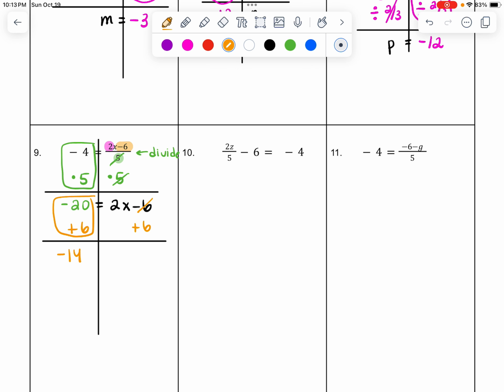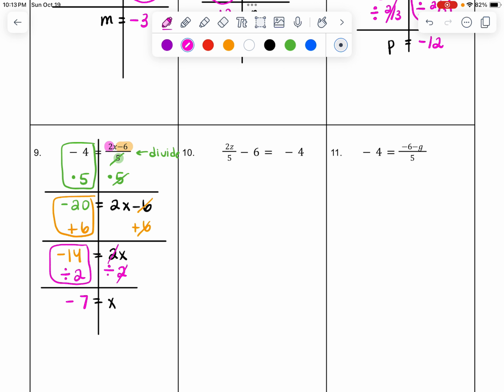And on the right-hand side, the 6's cancel, so we just get 2x. Last but not least, we're going to divide by 2 in order to get the x by itself. So the 2's cancel, and we just get x. And on the left-hand side, negative 14 divided by 2 is negative 7. And we're done.